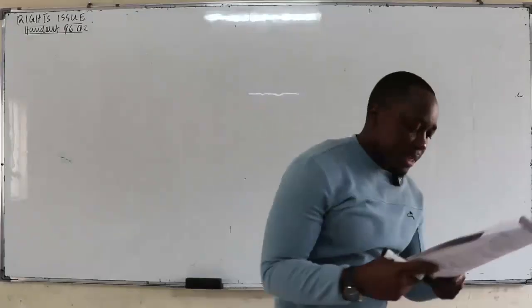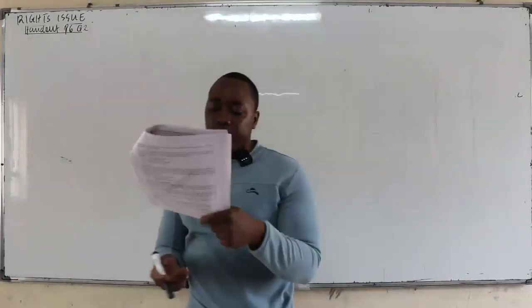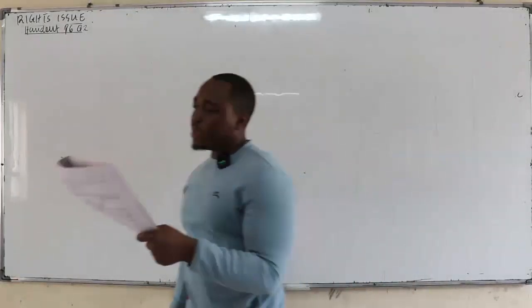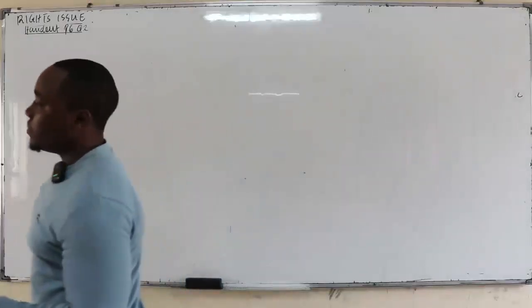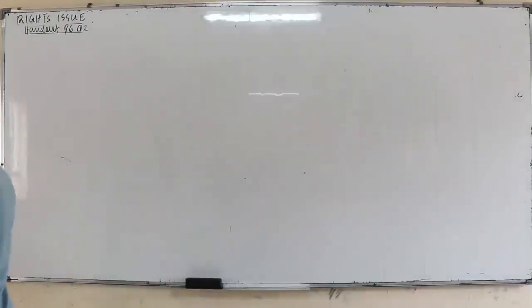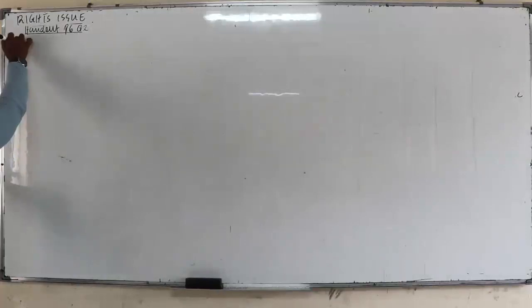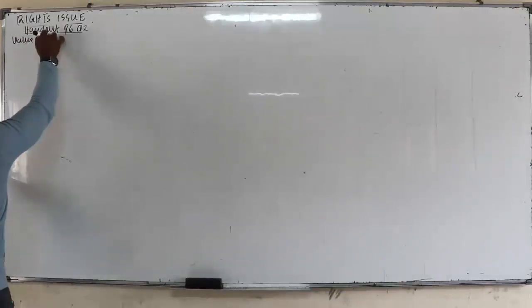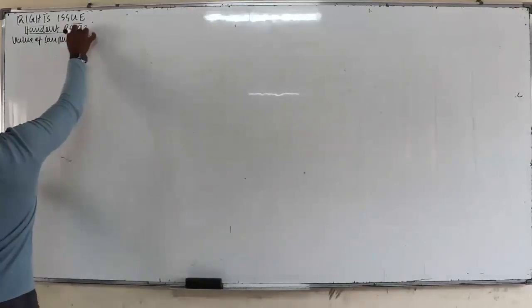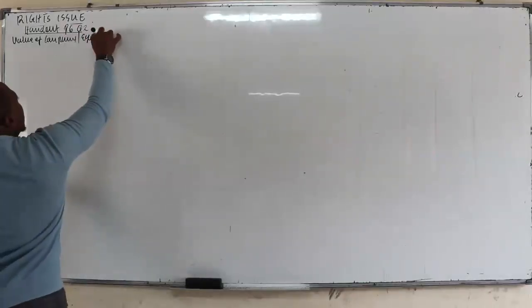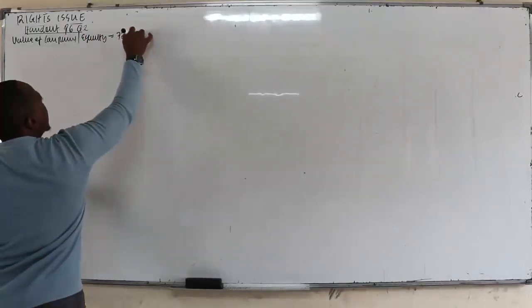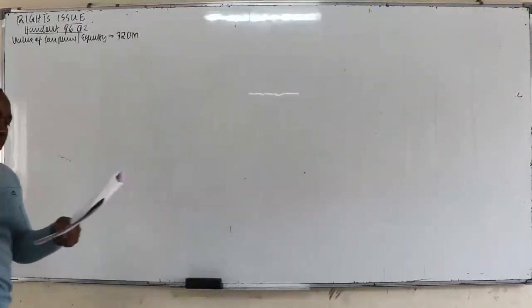So Musica Limited is all equity financed with a market capitalization of 720 million. Market capitalization means that's the current value of the equity. Because if they are all equity financed, that means there is no debt. So that 720 is the value of the company, which is the same as the value of equity. It's 720 million since they don't have any debt in the capital structure.